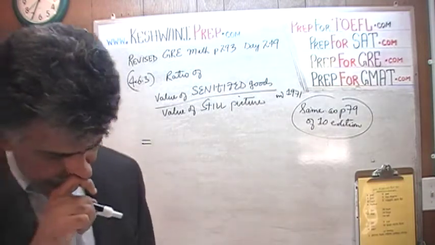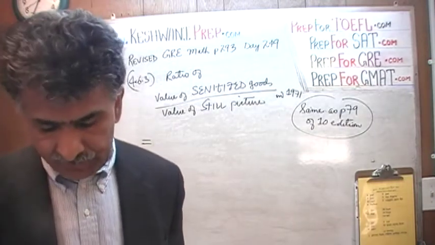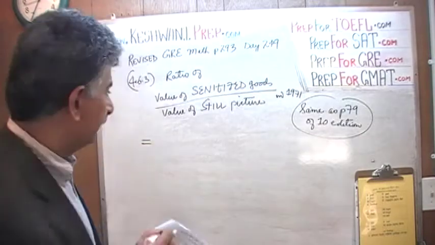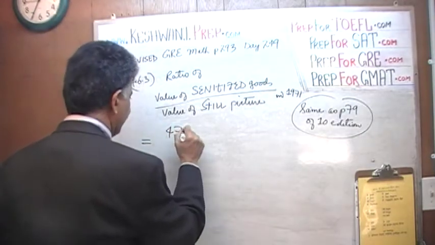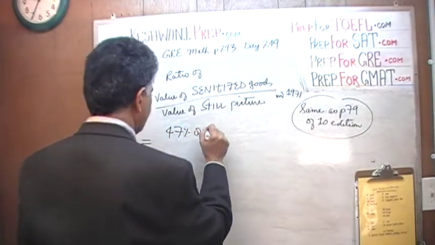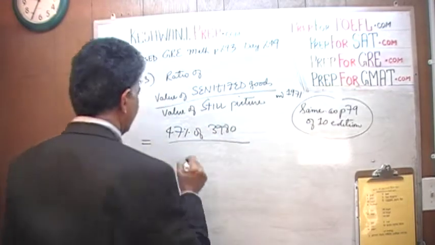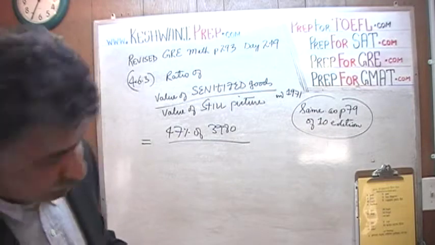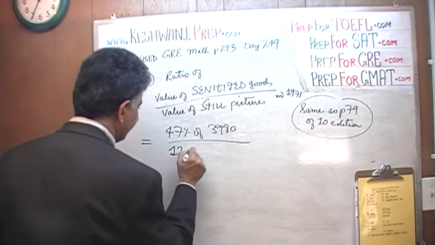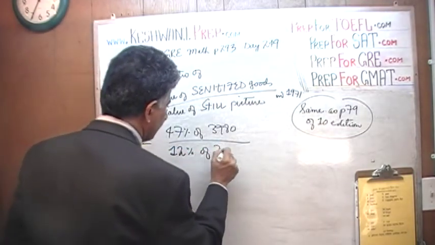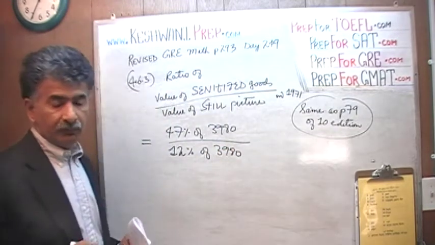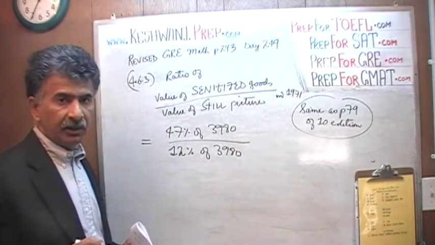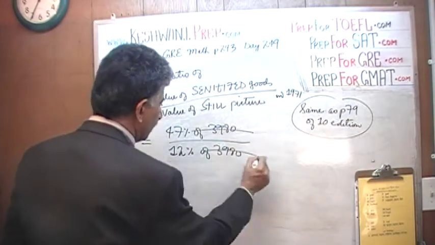So if we look at our chart there, we see the sanitized goods, we are told, is 47%. It is 47% of the total amount, which is 3980, and the value of the still picture, we are told, is 12%. It is 12% again of the same amount, 3980. Of course it is the same amount because it's coming from the same pie chart, and because it's the same amount, it plays no role.